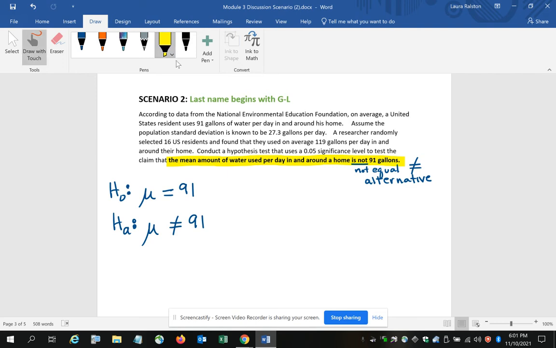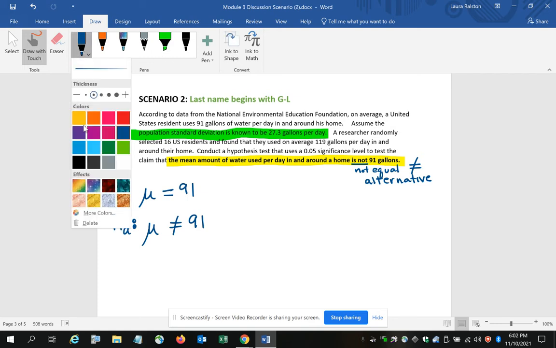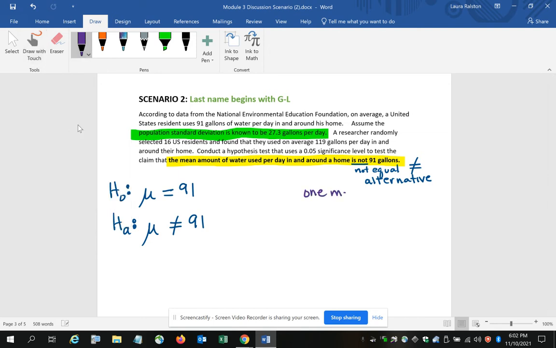I then need to determine which test I'm going to conduct. Again, if I go back and scan the problem, in the second sentence it gives me my population standard deviation. So once again, here we want to do a 1 mean z-test because I know the population standard deviation.